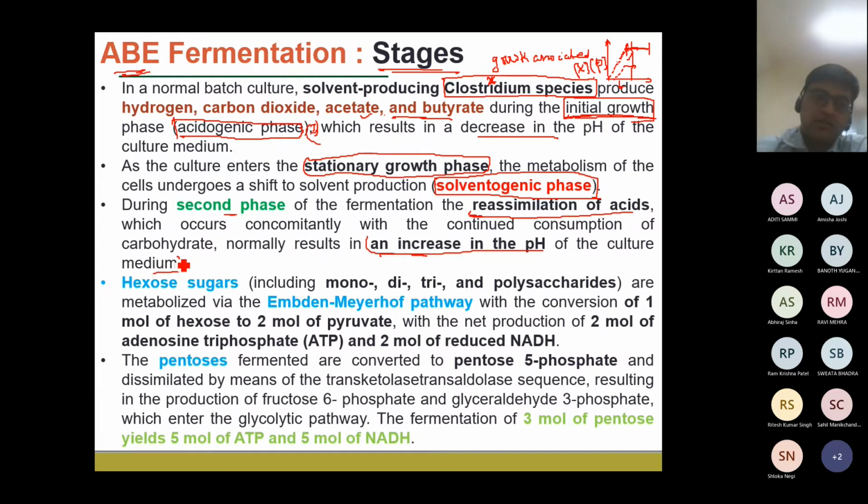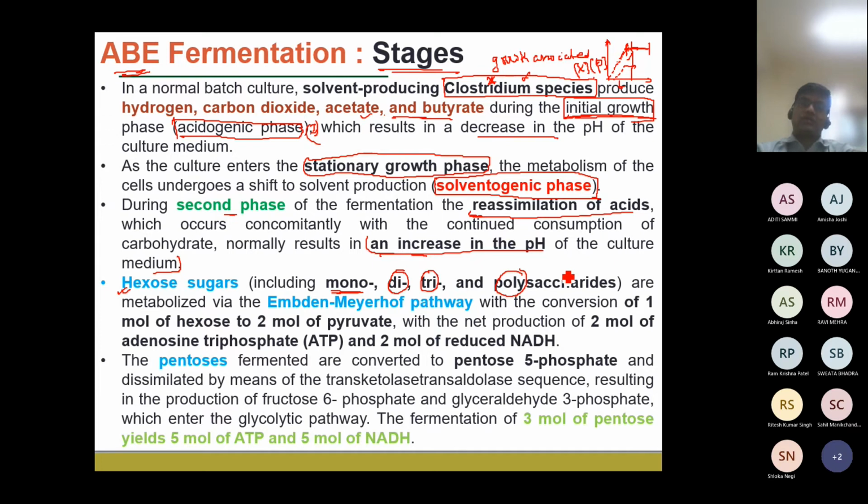Now, if you look into the carbon sources that can be used, one interesting thing is that in this case, where Clostridium species is the microorganism, we can take hexose sugars, and not only monosaccharides like glucose, but di-, tri- and polysaccharides can also be used.